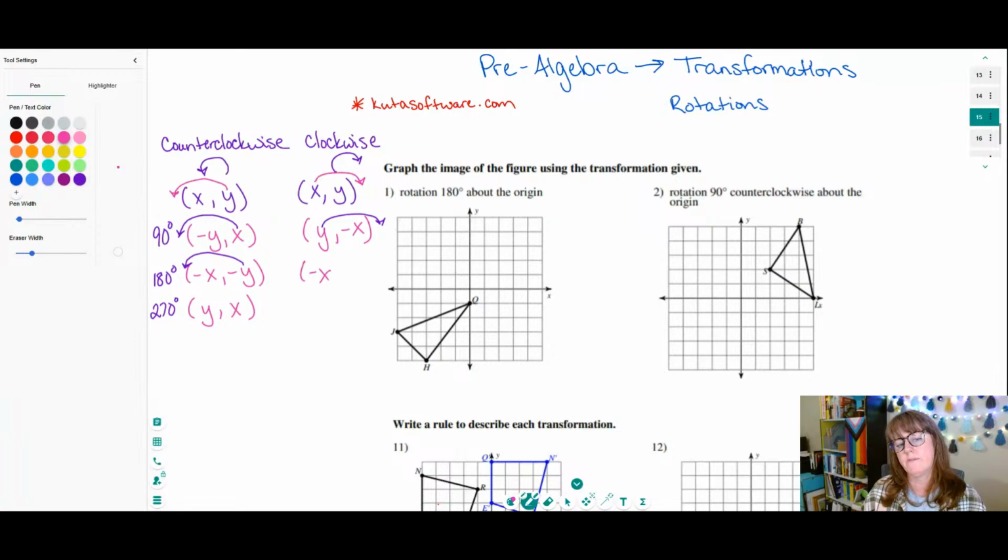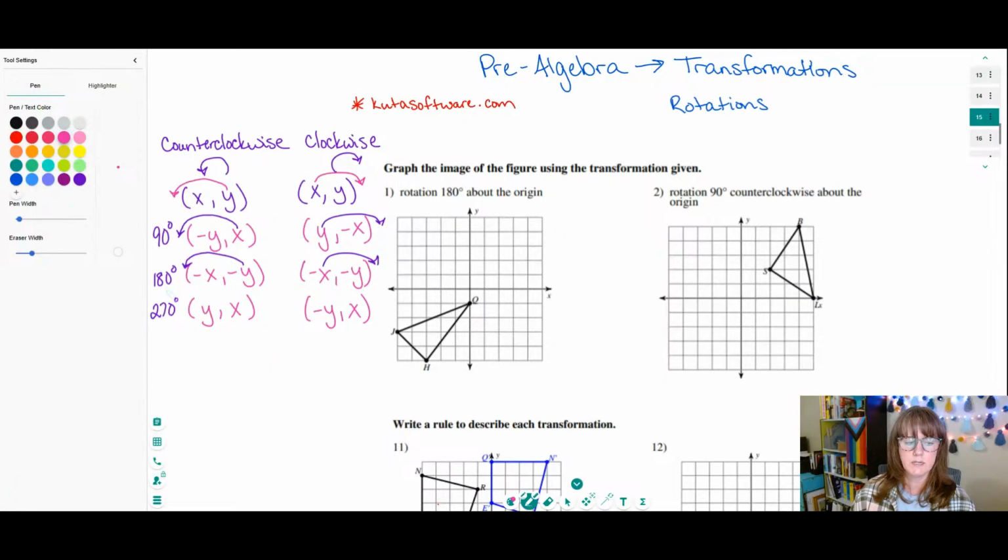Now we've got negative X, negative Y. And then for 270 degree, we're going to rotate it again and again change the sign. So now the negative Y is first, and then X goes back to being positive. So let's put that into practice. Hopefully that makes sense, but if it doesn't, hopefully once we put it into practice, it'll make sense.